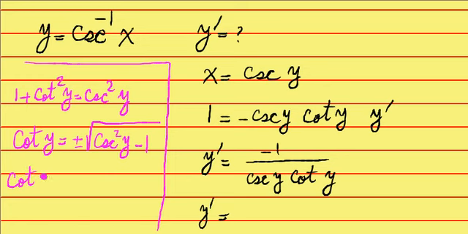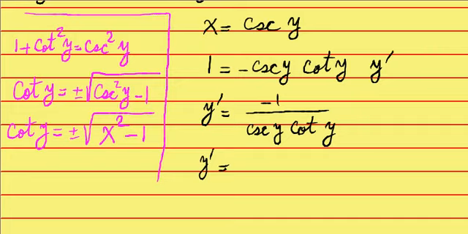So cotangent of y that I want to replace here is either plus or minus square root of cosecant, which is just x, and we are facing the same question as before. Should I choose plus or minus?